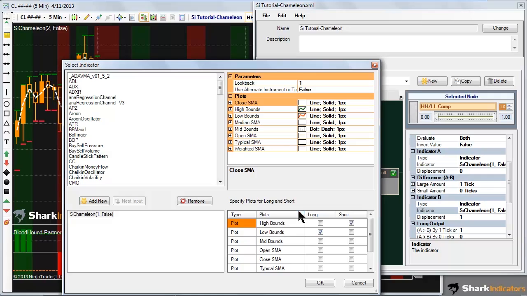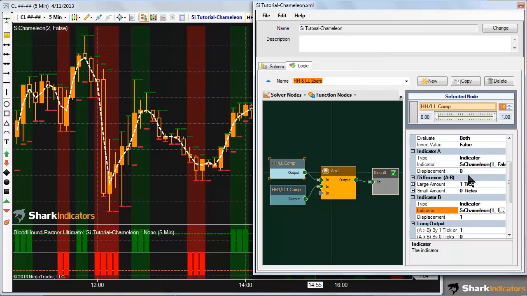Indicator B is set up exactly the same way. I'm using the high plot for shorts and the low plot for longs. If you notice, the displacement is set to 0, which means this is the current bar. A displacement of 0 analyzes the current bar, and for indicator B I have a displacement of 1, so I'm looking at the previous bar.